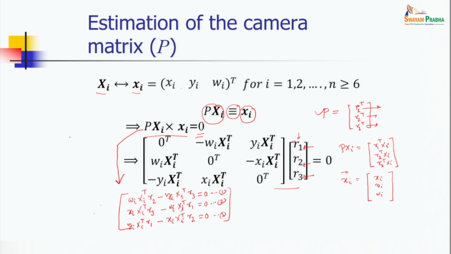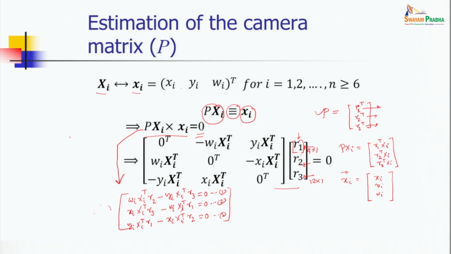Each one is of dimension 4 cross 1, and the total dimension would be 12 cross 1. There are 12 unknowns, though we know that actually there are 11 independent parameters. But currently, let us consider this is the estimation process, so you would like to estimate all the 12 elements.